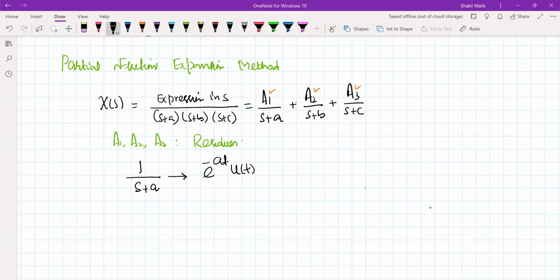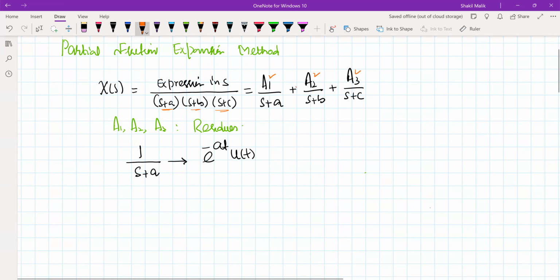So if we are able to express X(s) in this form first of all, then we can write the partial fraction expansion, and then we can write this inverse Laplace transform very easily.